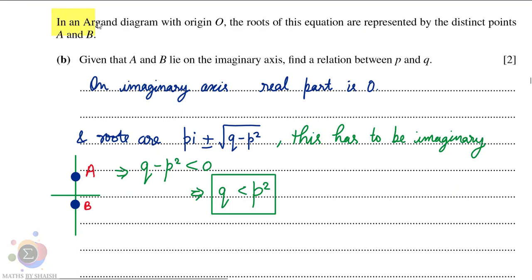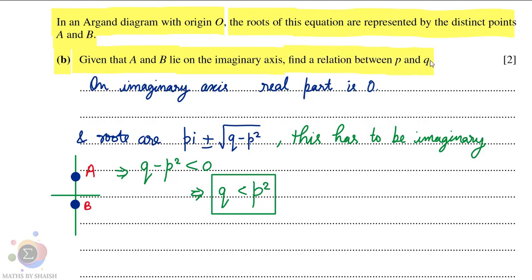For the b part, in an Argand diagram with origin O, the roots of this equation are represented by the distinct points a and b. Given that a and b lie on the imaginary axis, find a relation between p and q. Just to understand, this is the real axis and this is the imaginary axis, and we know the roots are going to be imaginary.